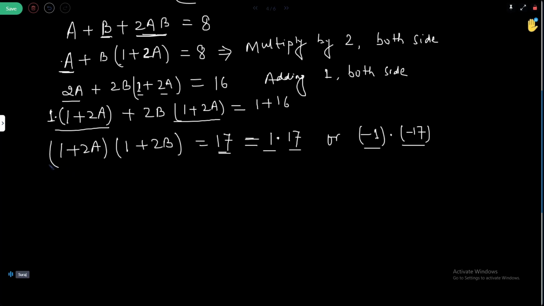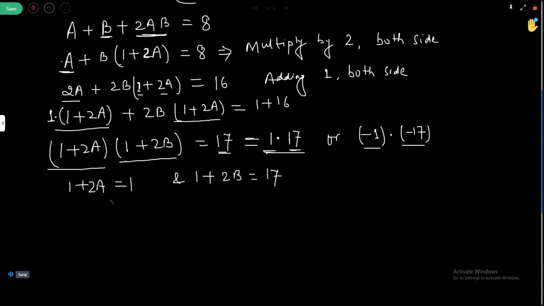On the LHS you have two factors, 1 plus 2a into 1 plus 2b, and the RHS also has two factors, 1 and 17, and as 17 is a prime number, just equating, when we are taking the positive values, we can write 1 plus 2a equal to 1 and 1 plus 2b equal to 17.